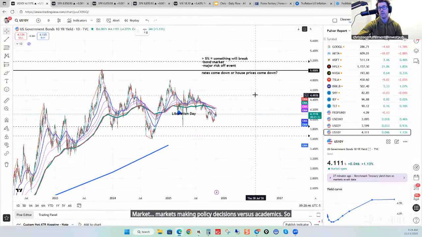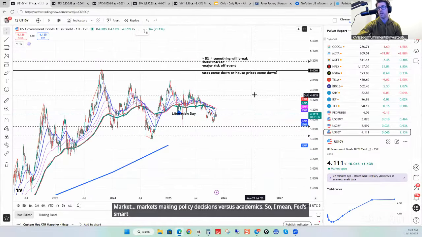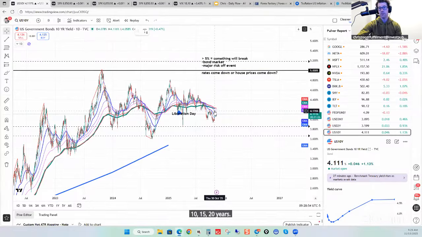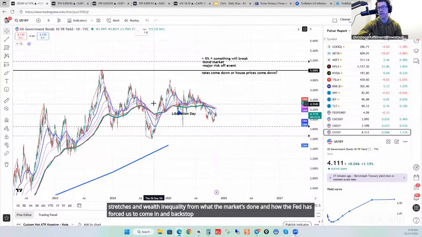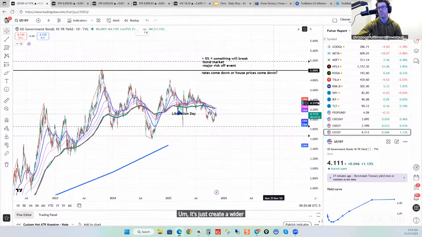So, I mean, the Fed is smart people, it's full of PhDs, but clearly what has happened these last 10, 15, 20 years, the Fed has been responsible for some of the biggest stretches in wealth inequality from what the market's done and how the Fed is forced to come in and backstop things, or has come in to backstop things. It's just created wider and wider disparity.